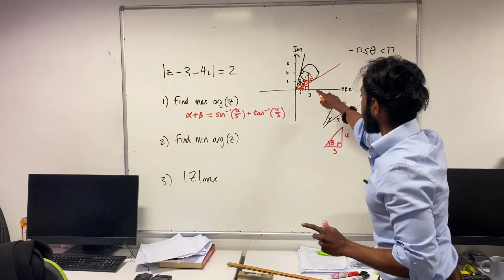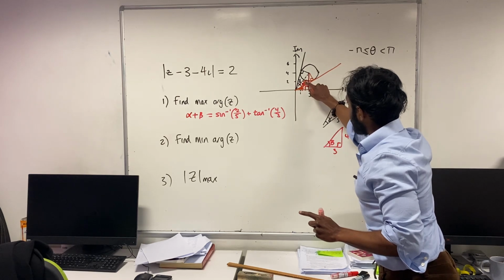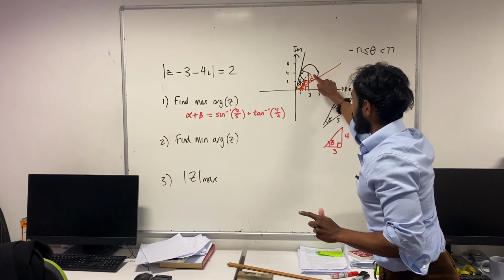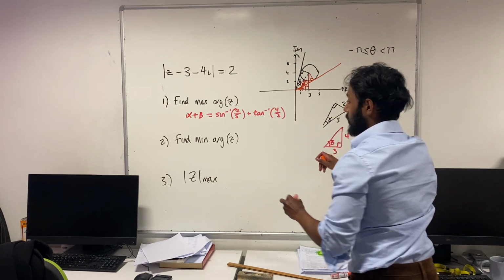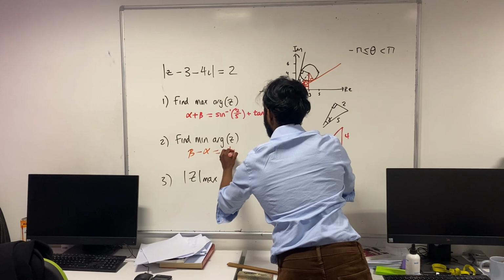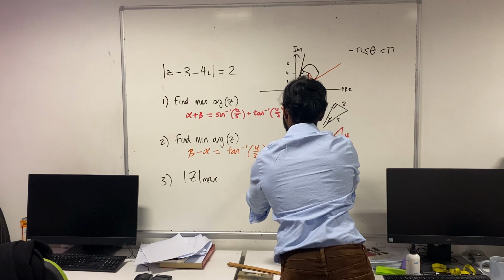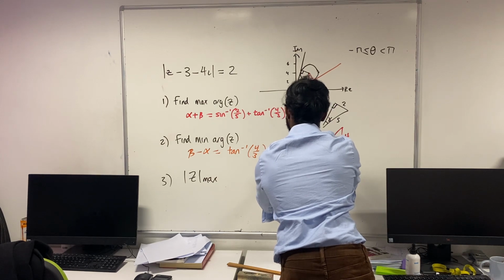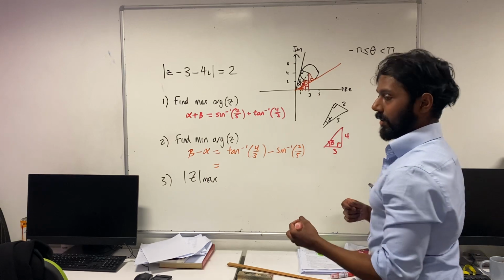Again, this angle is beta, and that's alpha, the same as that, because it's a congruent triangle. That's 2 and that's 5. Then I can do beta minus alpha to get that angle there. So what is beta minus alpha? Well, beta minus alpha is tan inverse of 4 over 3 minus sine inverse of 2 over 5, and whatever that is.